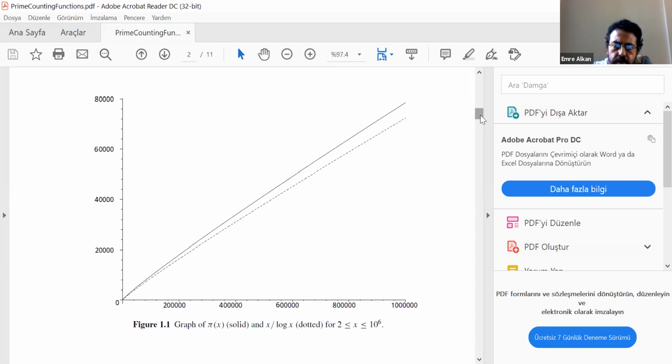And Riemann omitted those terms because they were awkward to calculate. So he thought that maybe they are not influencing the main terms that much. So he only took the main terms in his approximation, and that's what I presented here. But he has an exact formula. But unfortunately, we cannot control the errors in that formula.